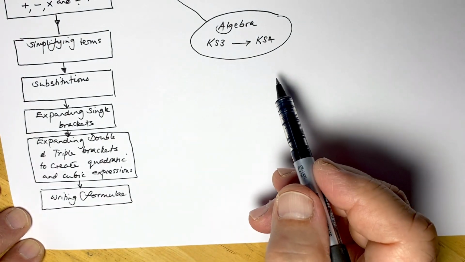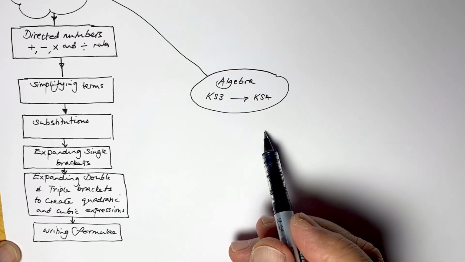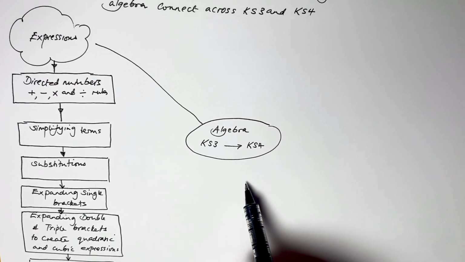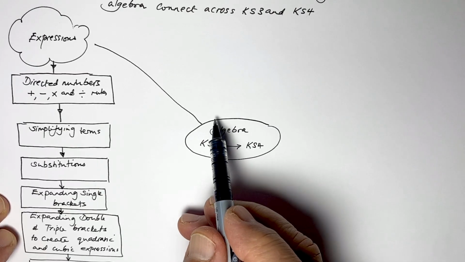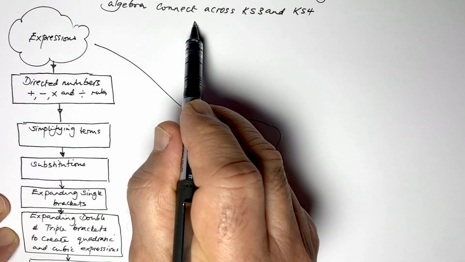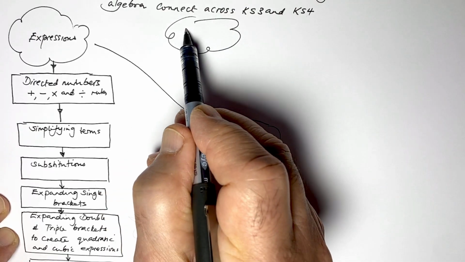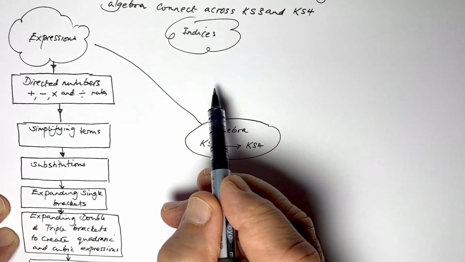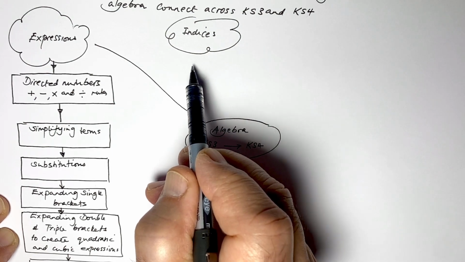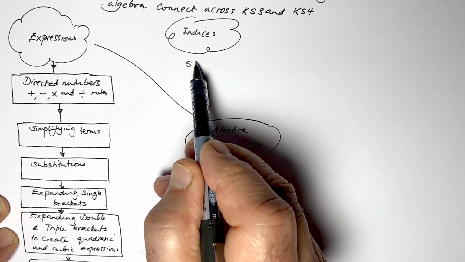One more important aspect of algebra is also knowing the laws of indices. So here, if I go to indices, that would be 5 laws of indices.